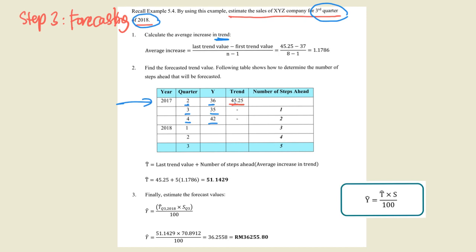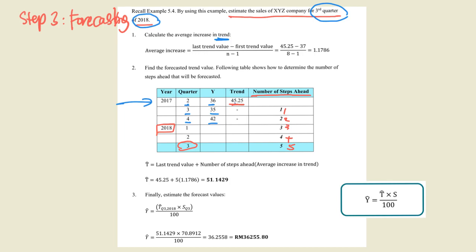So what we need actually is the third quarter for the year 2018. So you need to calculate the number of steps ahead. For this, you just need to calculate the empty rows that we have here. So we have 1, 2, 3, 4, 5. So this is the number of steps ahead that you need.